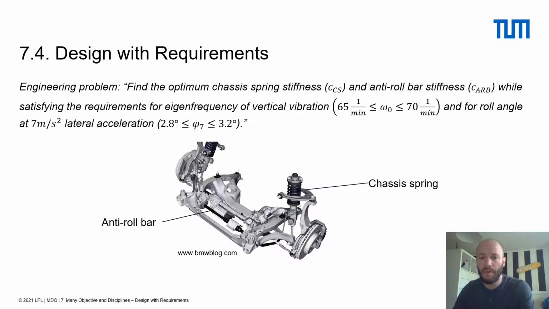So we have requirements on the eigenfrequency of the vertical vibration and also a requirement on the roll angle for the lateral acceleration. In general, we see here the suspension of a car with two main elements: the anti-roll bar and the chassis spring.